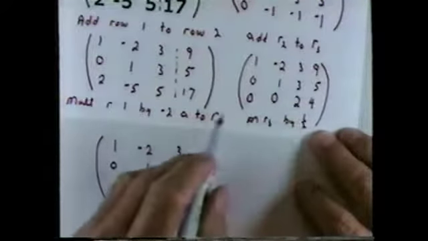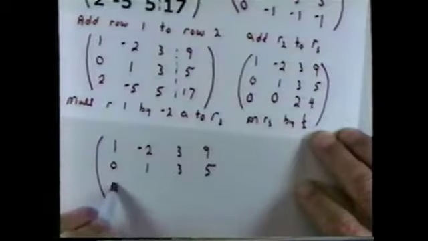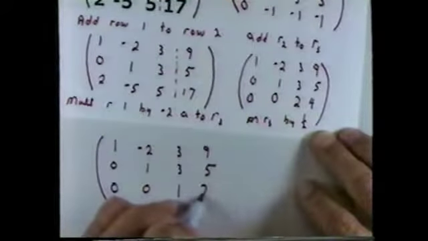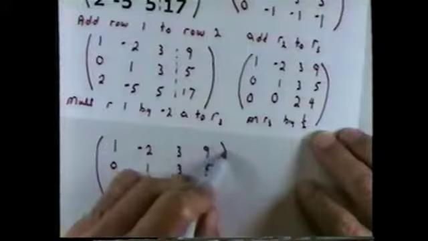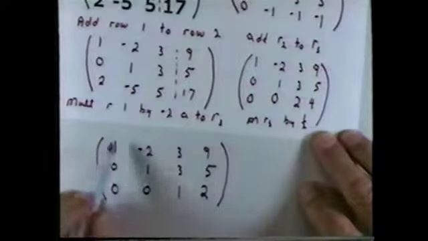Now multiply it by 1/2. 1/2 times 0 is 0. 1/2 times 0 is 0. 1/2 times 2 is 1. 1/2 times 4 is 2. So I have achieved my goal of having 1s along the main diagonal and 0s below it.